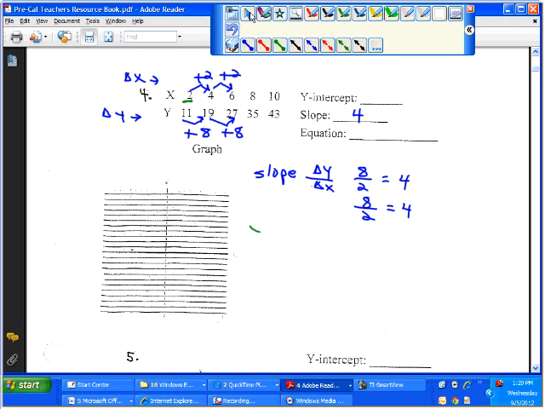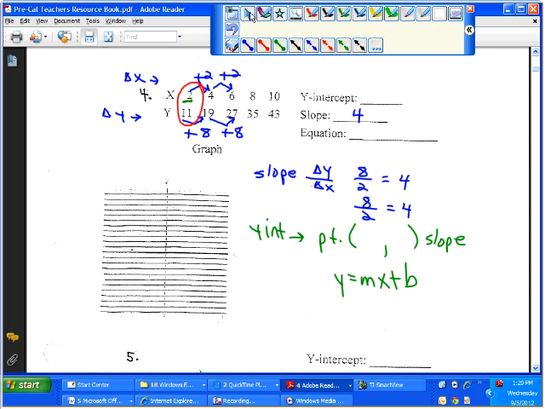If we want to calculate the y-intercept, then we're going to pick a point and the slope, and we're going to plug those into y = mx + b, and we're going to solve for b, which is the y-intercept.